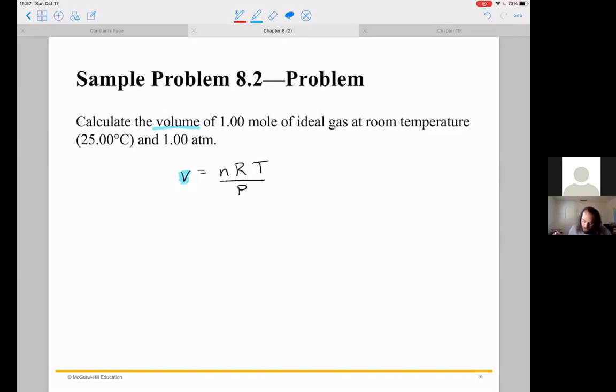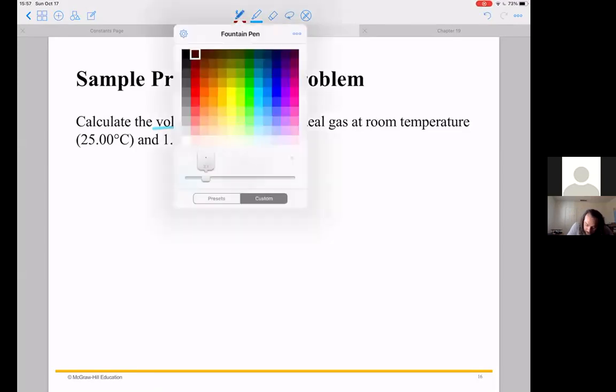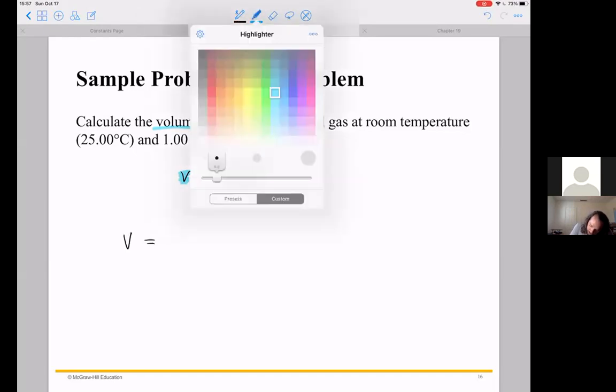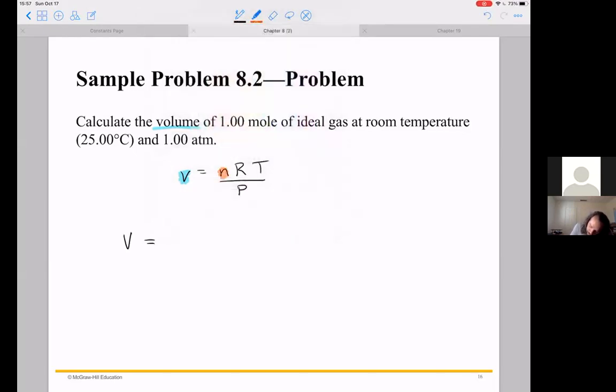Okay. All right. So then we're just going to take this and plug in everything that we know. So volume equals n, number of moles. Let me actually color code here. n is the number of moles, so that's 1.00 moles. Put it in parentheses. R, where do we get R from?